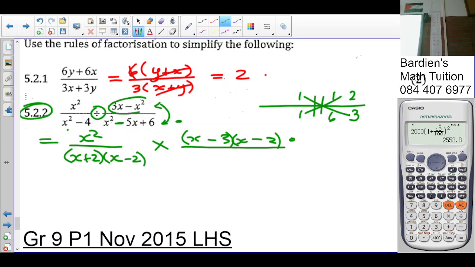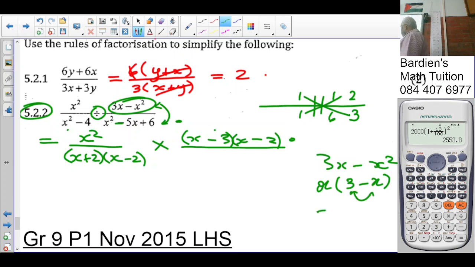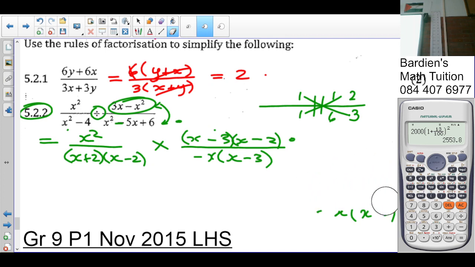We look here. We've got 3x minus x squared. What do we do first? x is a common factor. Then what? I'm left with 3 minus x. If you see it's going to cancel with that, you must swap it around. So if I swap this around, the negative comes out. So it's negative x into x minus 3. So what do I do now?